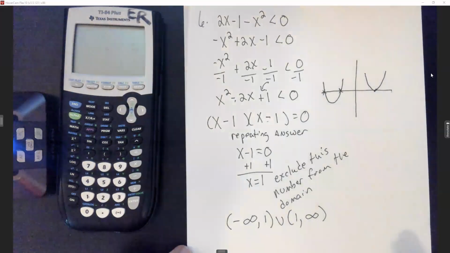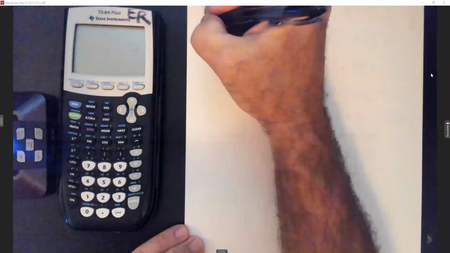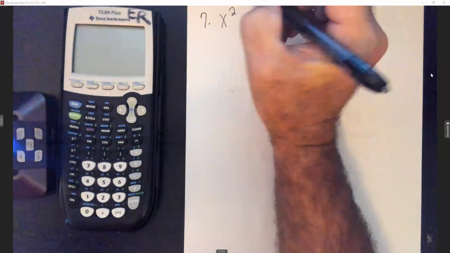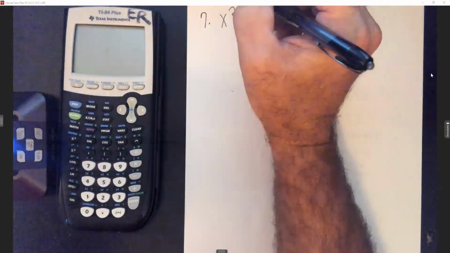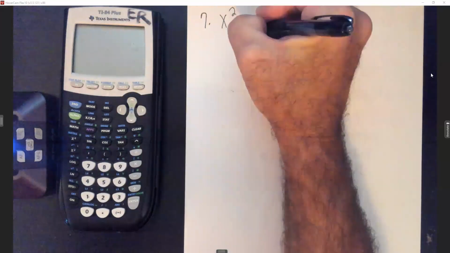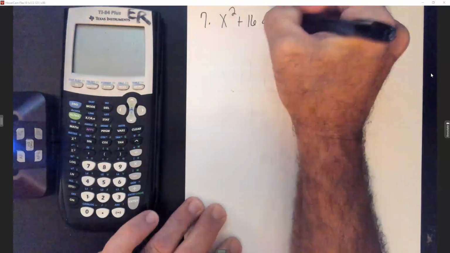All right, y'all, then the last one would be number 7. That is x squared plus 16 is less than 6x.